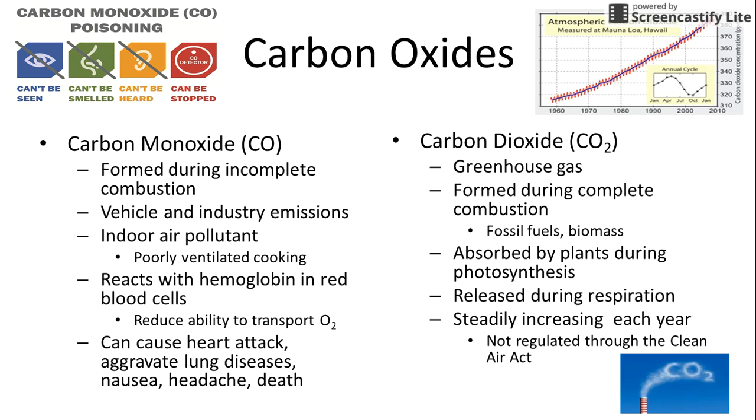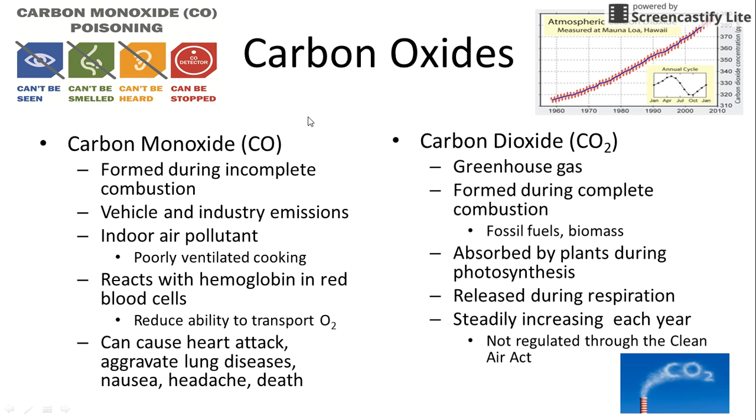Both are formed when we combust fossil fuels and other kinds of biomass, such as wood. But remember, the oxygen comes in when we burn things. Combustion needs oxygen, and that's what gives us our oxides.